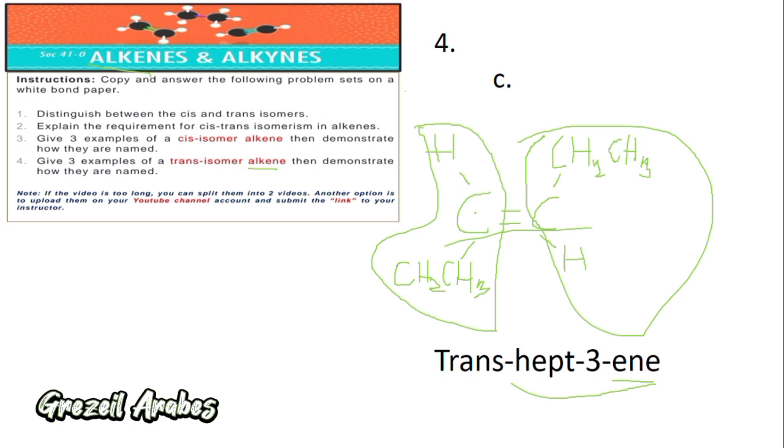But in trans, it is on the opposite side or the across side. So, ma'am, that would be our examples in 3 and 4, in cis isomer alkene and trans isomer alkene.